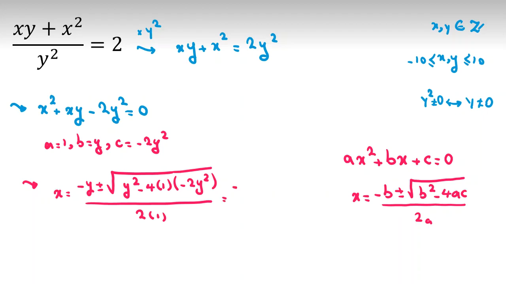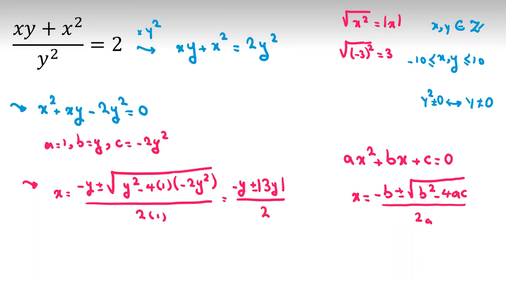It will be negative y plus minus square root of y squared plus 8y squared, which is 9y squared, and it will be 3y. We can say absolute value of 3y, because the square root of x squared is the absolute value of x. For example, negative 3 squared is 9, whose square root is 3, not negative 3.